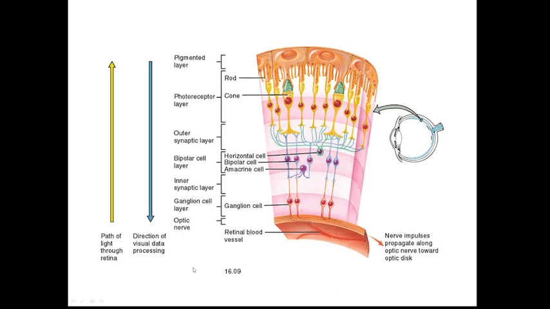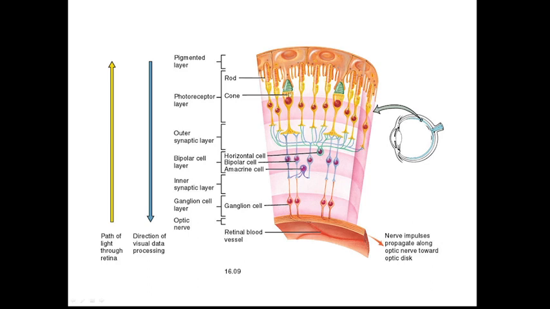If we look at the light pathway, the path of the light through the retina first strikes the border where the vitreous humor remains connected with the optic nerve forming cells, or the axons of the ganglionic cells. So light first strikes the ganglionic cell, then the bipolar cell, and ultimately the rod and cone cells.